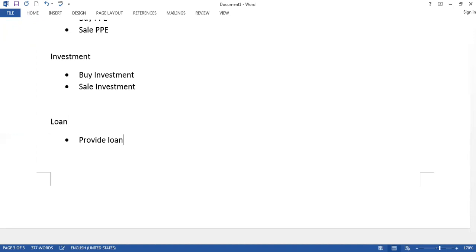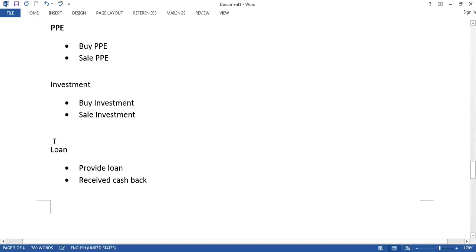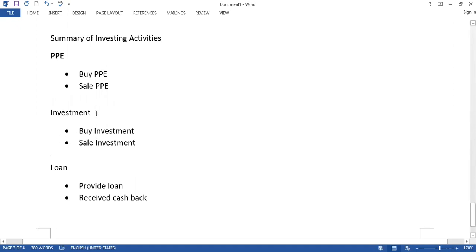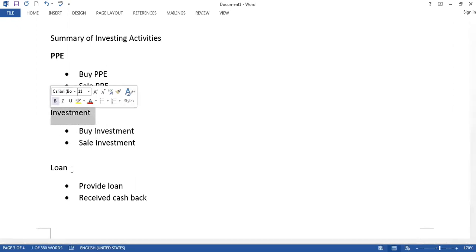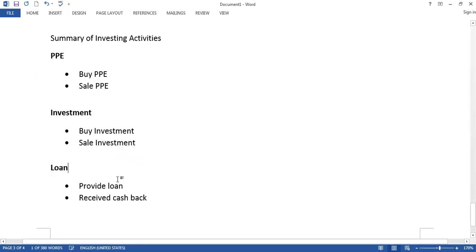Provide loan. So these are the summary of investing activities. Do you have any question?